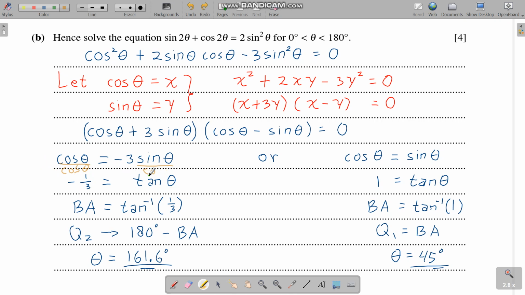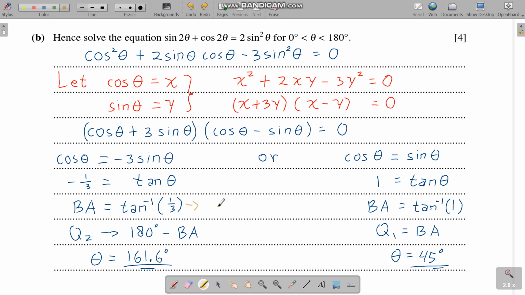And remember, to solve trigonometric equations, we gotta find the base angle, the angle in the first quadrant. So we use inverse trigonometry, so we use inverse tangent in this case. And remember, to find the base angle, we ignore the negative, so just the 1/3, inverse tangent 1/3, we're gonna get the first quadrant base angle.